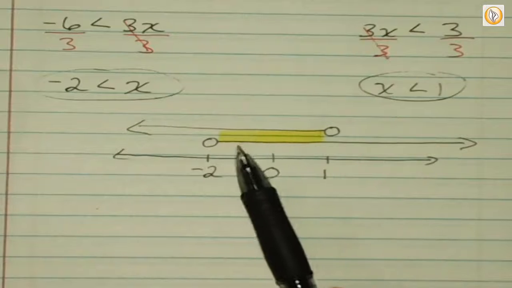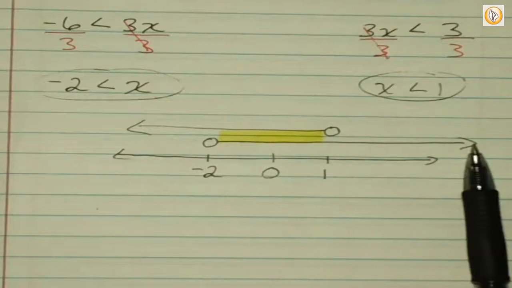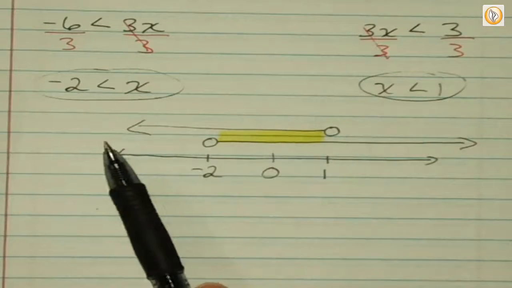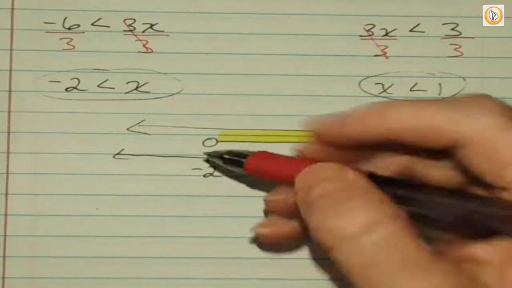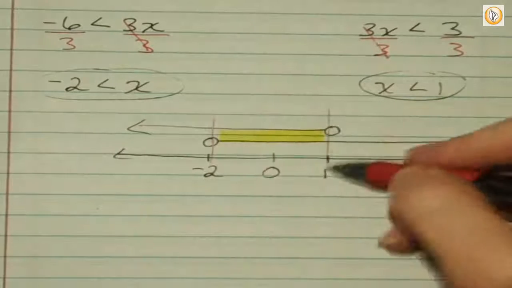So, x is greater than -2 and x is less than 1. This is your area that they have in common.